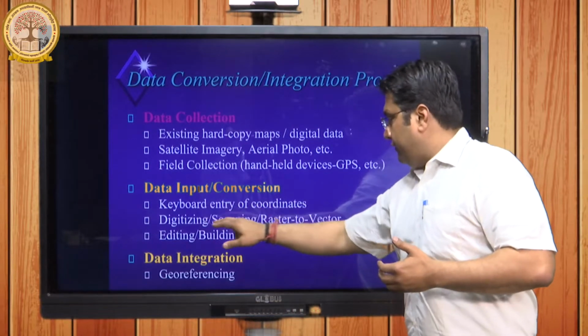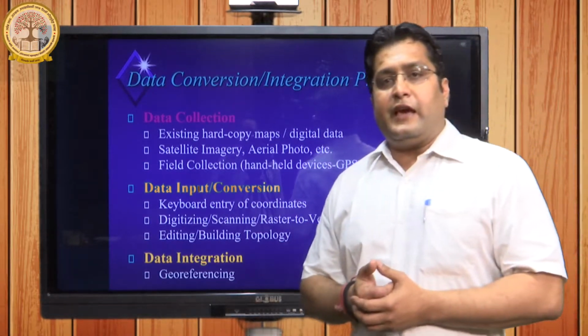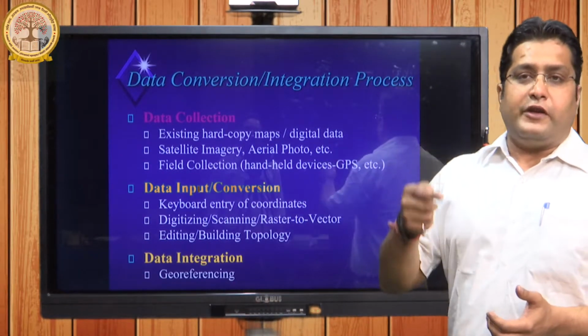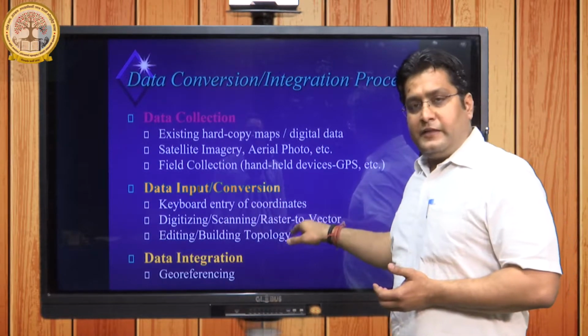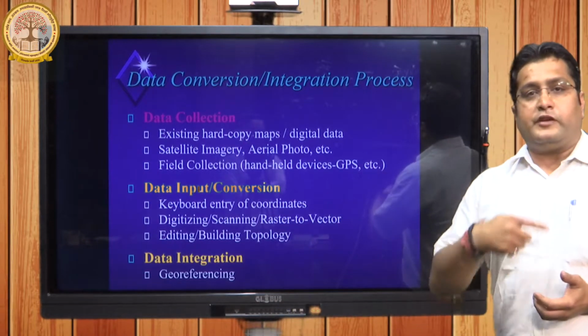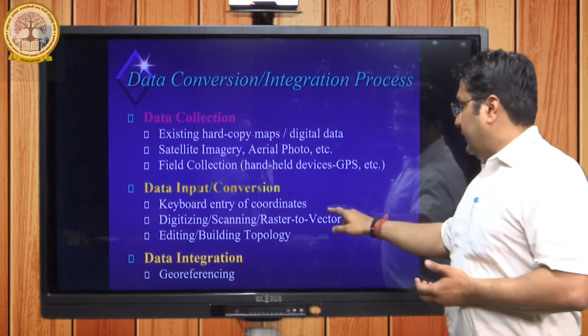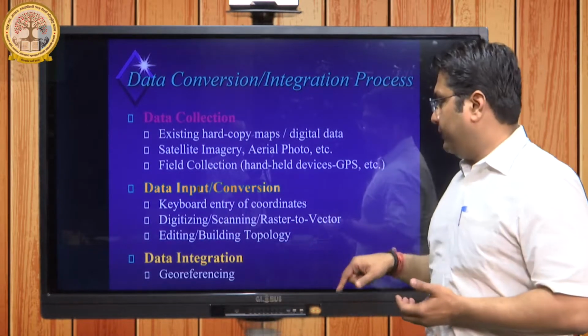Suppose we have our data in soft copy form and it is utilized in the GIS platform. That process is called raster to vector conversion, because whatever data is available in soft copy form is in raster form, and whatever information we extract in the GIS platform will be in vector form. That conversion is called the vectorization process.